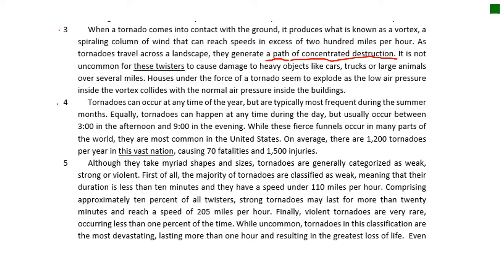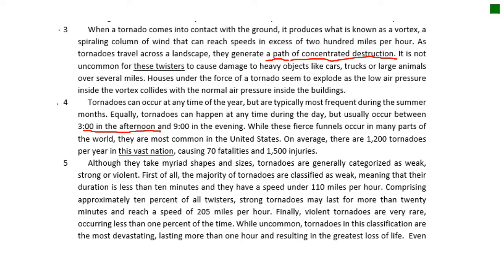Paragraph 4 talks about when tornadoes occur and where. Okay, they're typically most frequent during the summer months, and they occur between the afternoon and the evening. While these fierce funnels, they're funnel shape. Fierce means wild and aggressive.